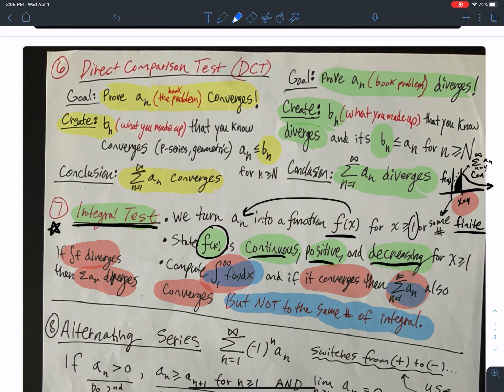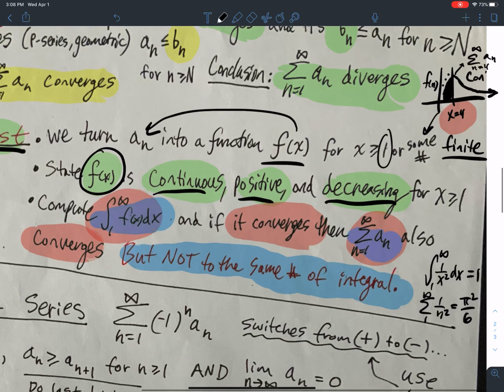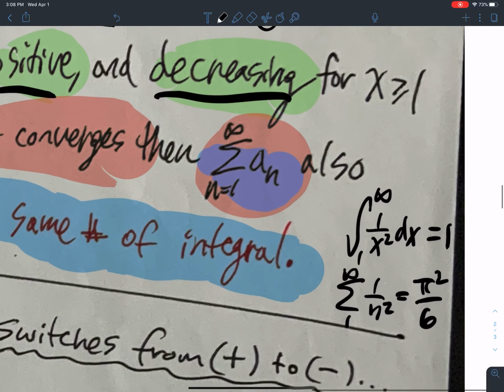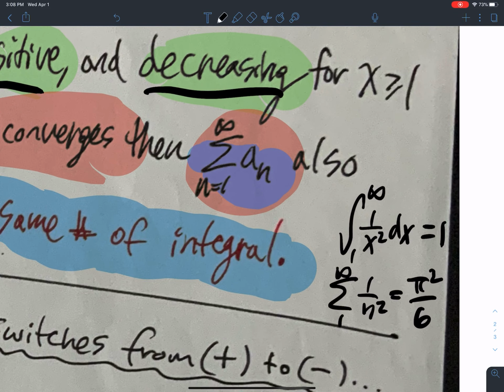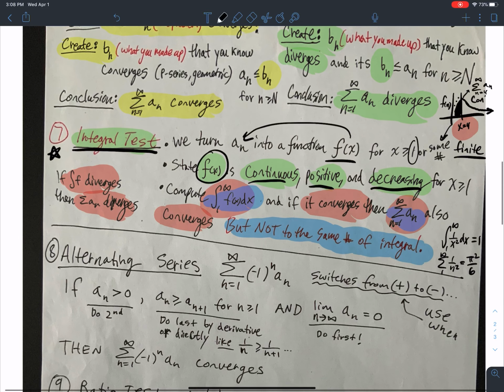Think about the integral of 1 over x squared dx from 1 to infinity, which was equal to 1, but the sum of 1 over n squared from 1 to infinity was equal to pi squared over 6. So they both converge, but they don't equal each other. All we know is that they are both convergent.